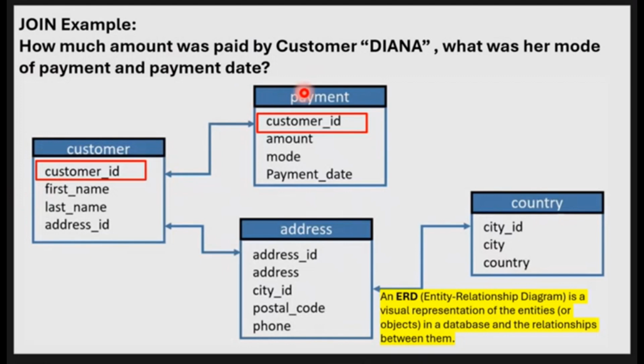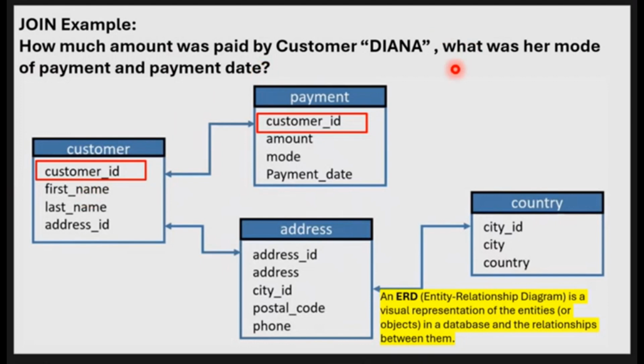And you see there is also a payment table. The payment table also has the customer ID. That is what this arrow represents: this becomes the related or common column between the customer table and the payment table. If we have one column which is common between two tables, we will be able to join them. So we have the first name, we got the customer ID.